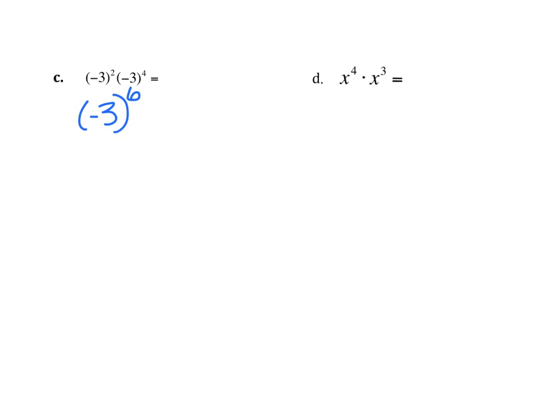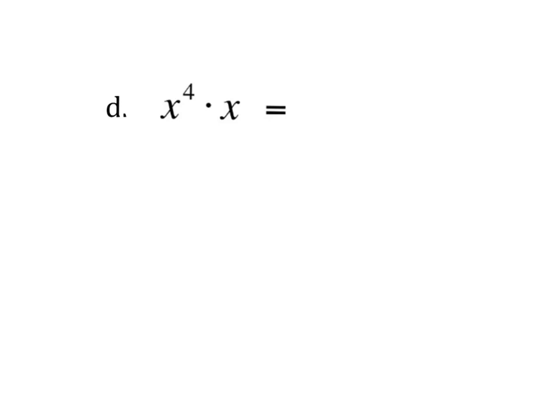You have 6 of them. Now, you know that 2 negatives end up making a positive. And so if you have 6 negatives, it's going to be a positive. So your answer then, if you're going to take the parentheses off, you have to have a positive 3 to the 6th power. Otherwise, you have to have that parentheses around it. And then if I were to evaluate that even further, I would have 729.